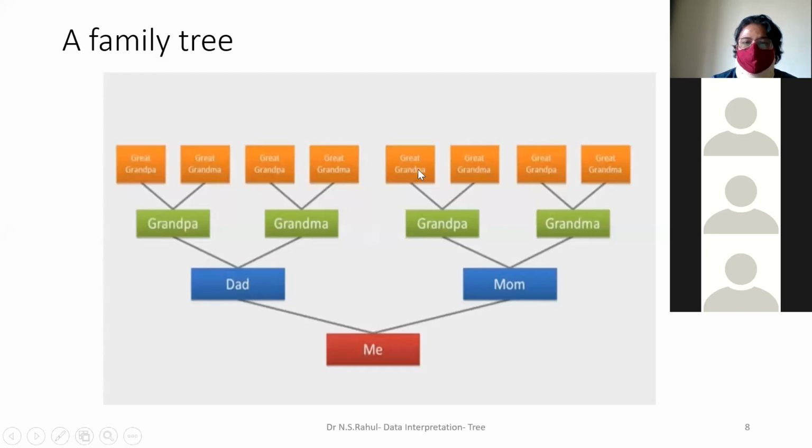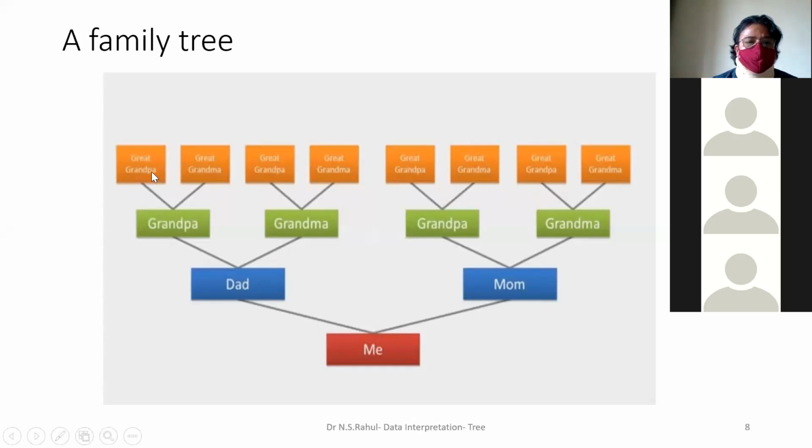And in the same way here also, great grandpa, grandma, grandpa, grandma, and mom was born, and dad and mom got married, and I was born. Right? So this is a very clear family tree.